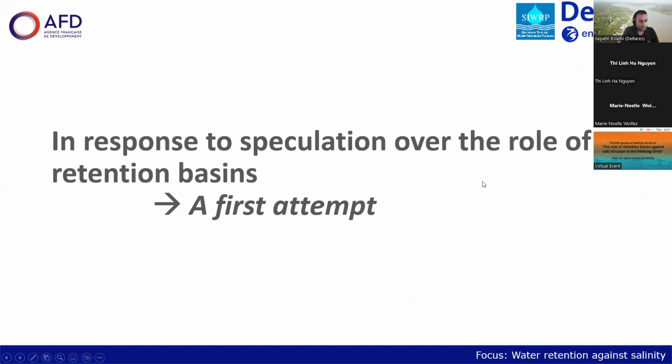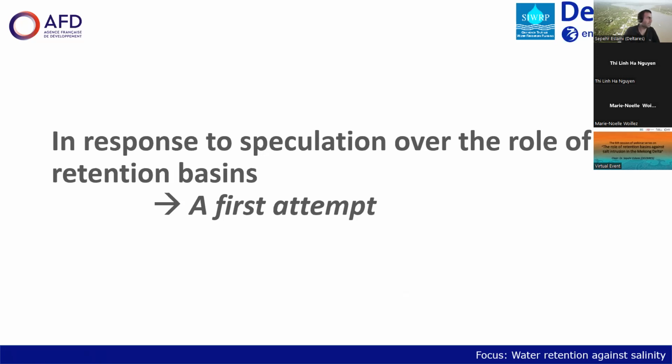So as salinity has been increasing, there have been discussions about retention basins, and one of the solutions that has been floating around is how we can store water to impact salinity in the peak of the dry season. This was a first attempt.